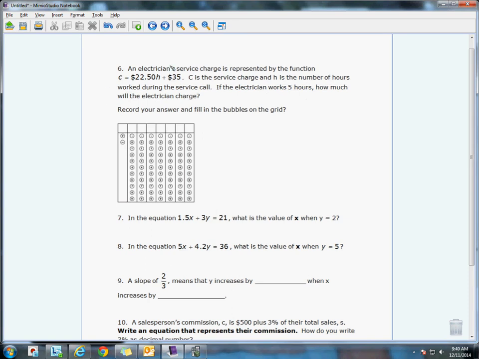So we have this equation and we also know that the electrician works 5 hours. So this tells us that H is equal to 5. So all we're going to do is plug it into the equation. So we have C equals 22.50 times H. Well, H is 5, plus 35. And we can just plug that into the calculator.